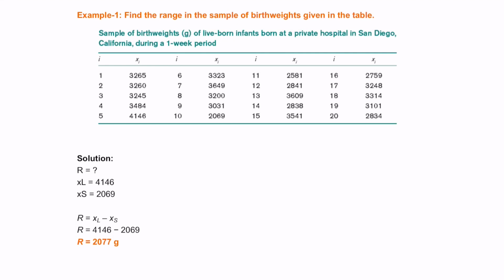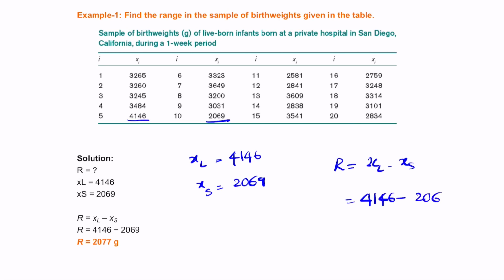Let's take an example of this data here. In this data, the largest value is 4146 and the smallest value is 2069. So xl is 4146 and xs is 2069. We know that the range is xl minus xs, so 4146 minus 2069 gives you a total of 2077 grams.